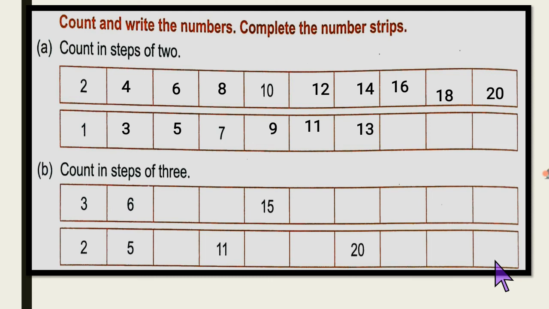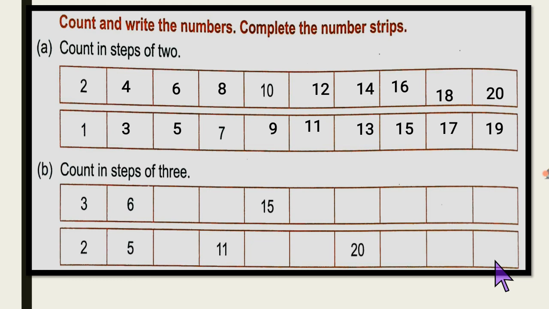Then after 13, we count the 2 step, we get the number 15. Then after 15, when we count the 2 step, we get 17 here. Then after 17, when we count the 2 steps, we get 19 here. Yes. Do all of you understand how we count the numbers in steps?